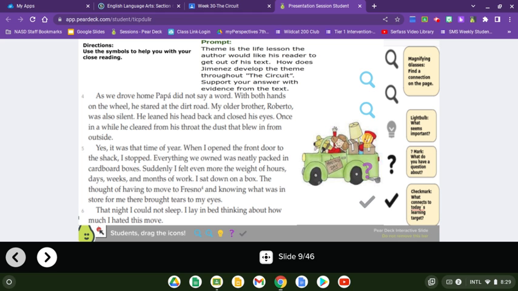Everything we owned was neatly packed in cardboard boxes. Suddenly, I felt even more the weight of hours, days, weeks, and months of work. I sat down on a box. The thought of having to move to Fresno and knowing what was in store for me there brought tears to my eyes. That night, I could not sleep. I lay in bed thinking about how much I hated this move.